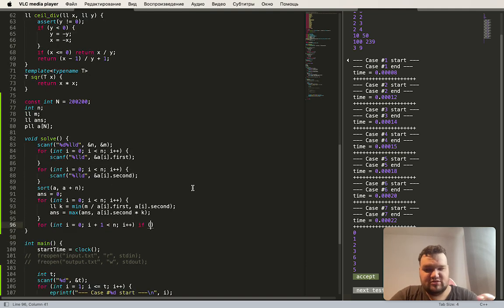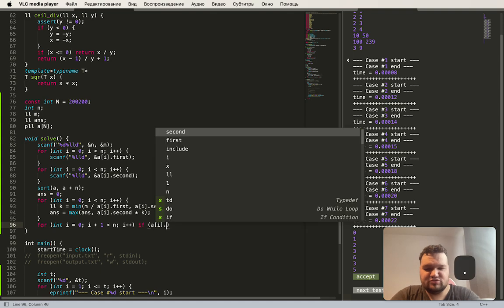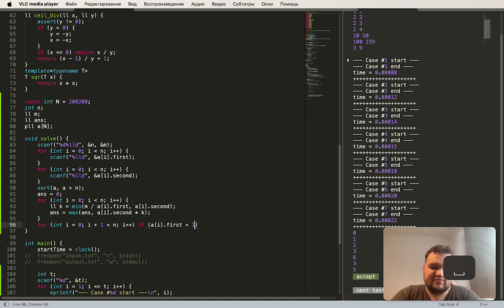Now we are iterating through pairs. We should do that only if their types differ by one.